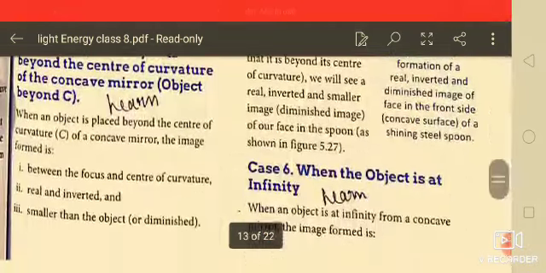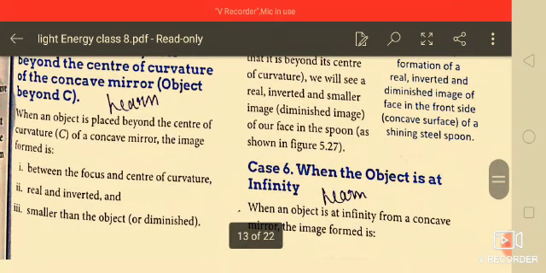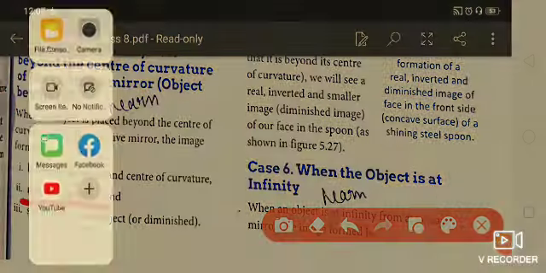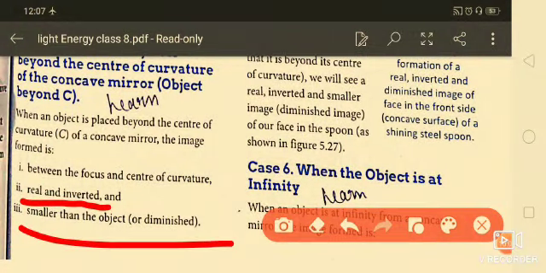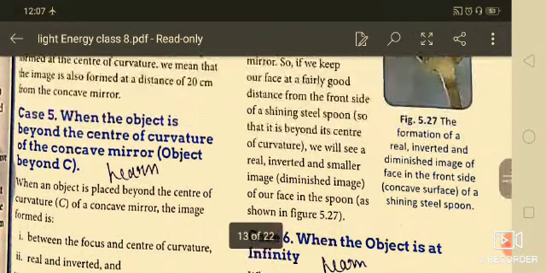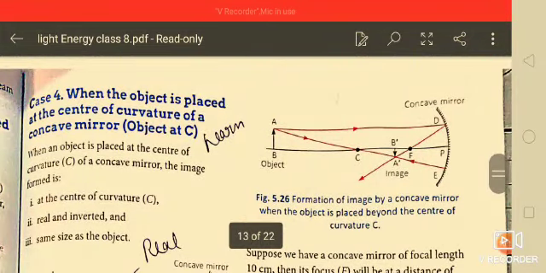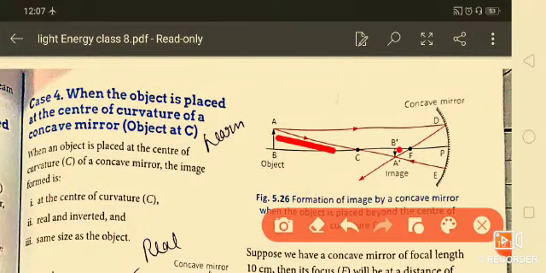So here you will find between the focus and center of curvature the image will form, and this is real and inverted and is smaller than the object. So that means it is diminished. Diminished means smaller than the object. Here you are seeing the object size, and this one is the image size. So the image is very small.